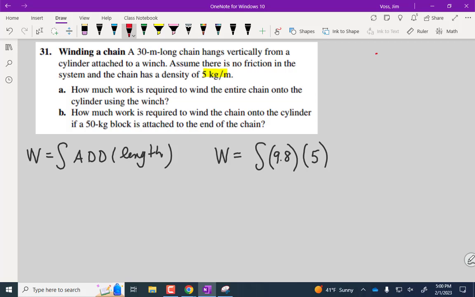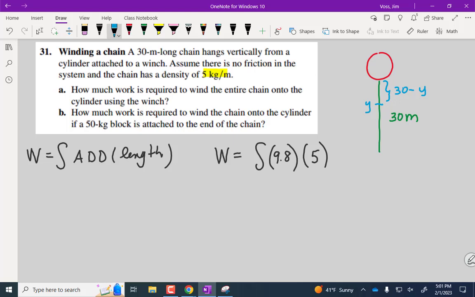So we've got this winch up here, and the chain hanging 30 meters. If we take an element of chain at a height of y, the distance it travels is 30 minus y. Is it the same thing where you could cheese it? Yeah, that's the same idea.